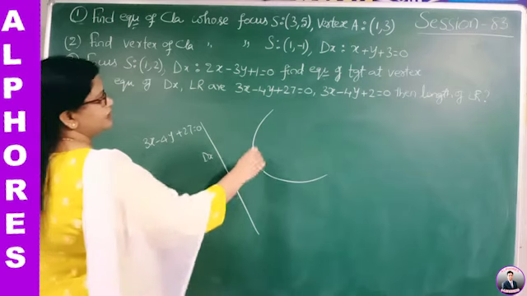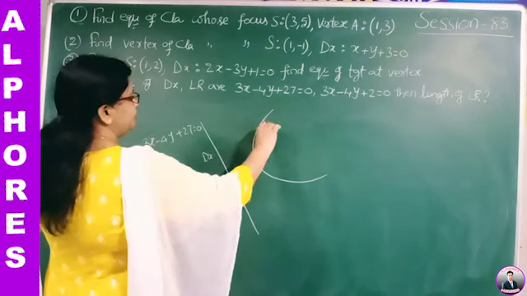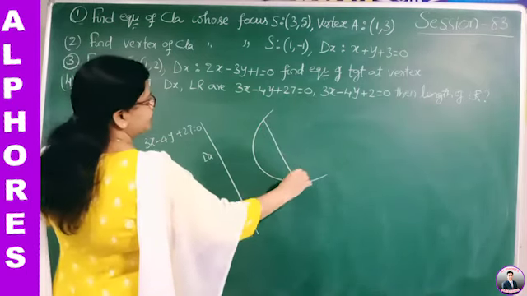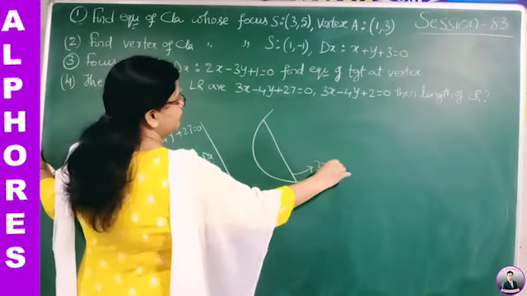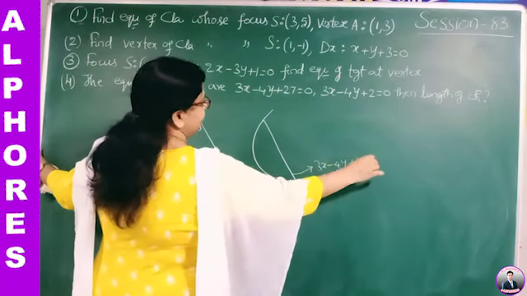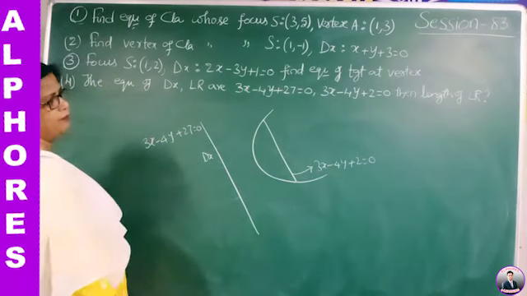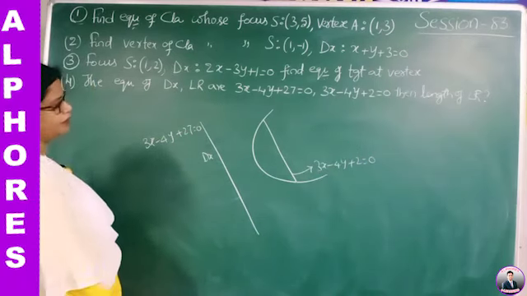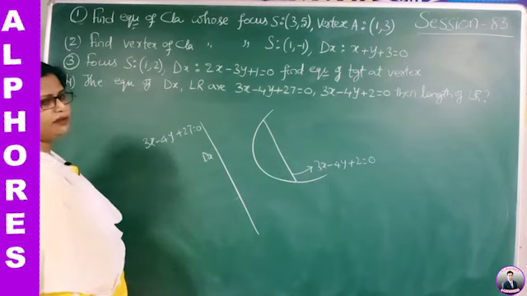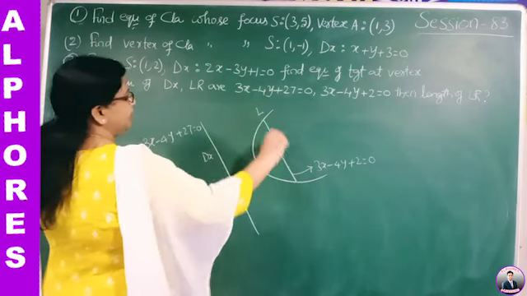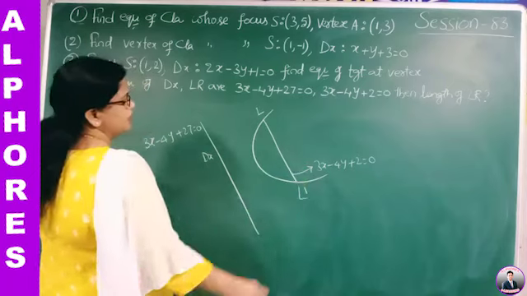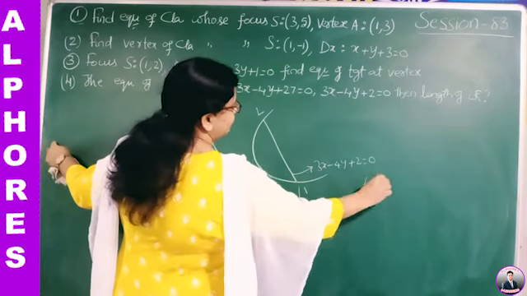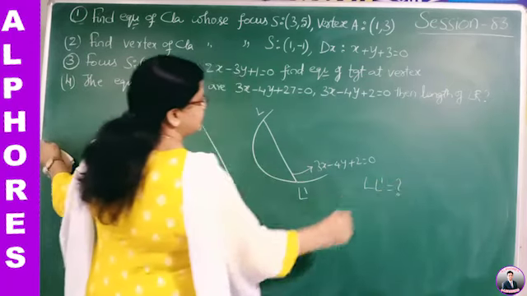And next, the latus rectum equation is also given: 3x minus 4y plus 2 equal to 0. Then the question is, what is the length of the latus rectum? How to find it? If it is LL dash, what is the LL dash length value? This is the question.